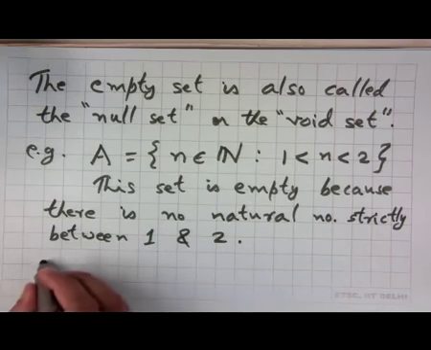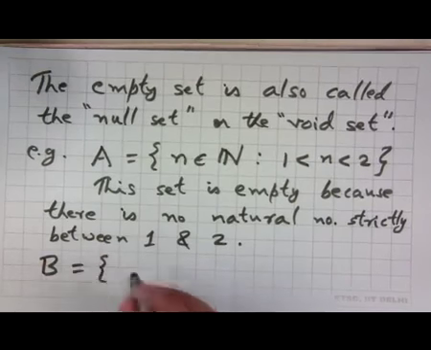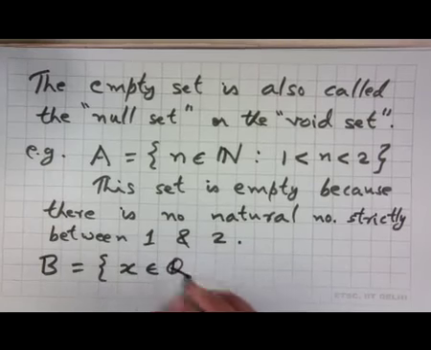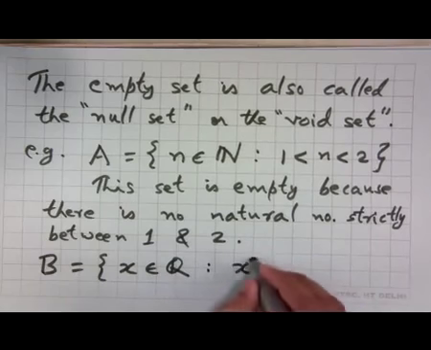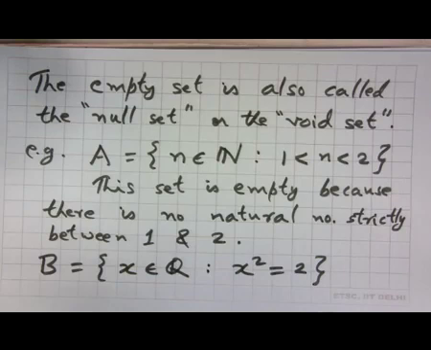Another example, suppose B is the collection of all x in rational numbers such that x square is equal to 2. Right.